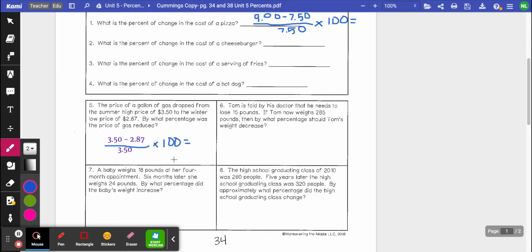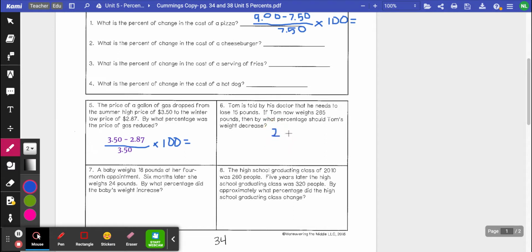I'm going to read the last 3 questions to you, and you have to try to set them up. Tom is told by his doctor that he needs to lose 15 pounds. If Tom now weighs 285 pounds, then by what percentage should Tom's weight decrease? So it'd be 285, and then you would already have to take away 15 pounds, which would be 270.